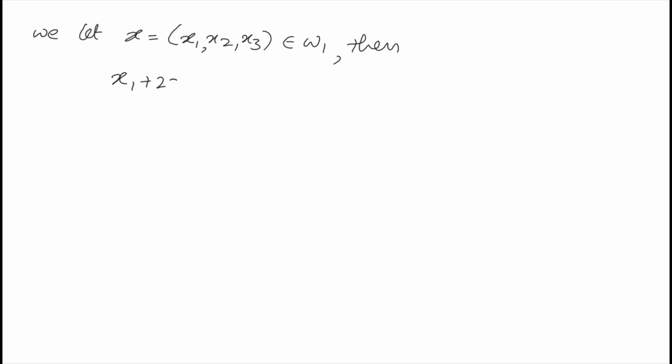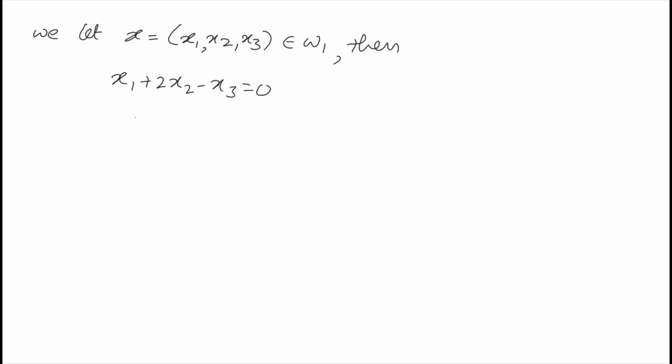For this, firstly we let a vector x equal to x1, x2, x3 in W1. Then by the given condition we have x1 plus 2x2 minus x3 equal to 0.